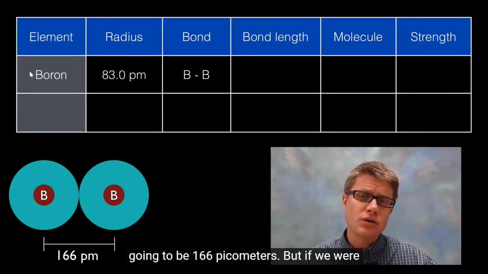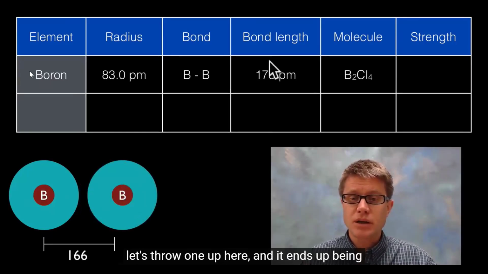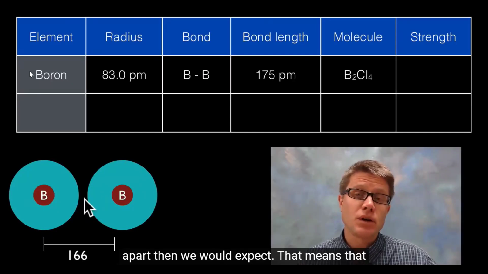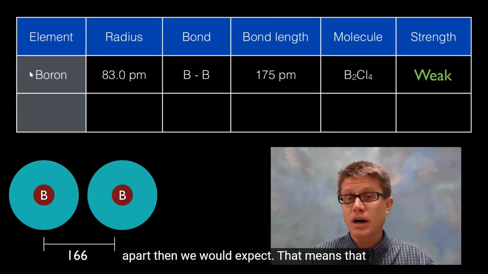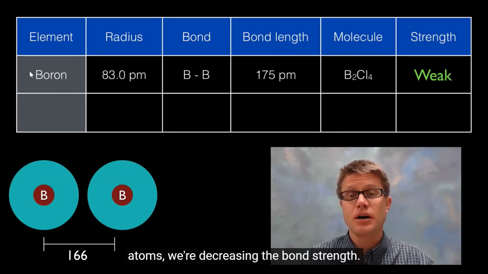But if we were to measure the actual bond length in a molecule, let's throw one up here, it ends up being 175 picometers. In other words, they're farther apart than we would expect. That means that we're going to have a very weak bond between these 2 atoms. And so basically, as we increase that bond length, that distance between the atoms, we're decreasing the bond strength.